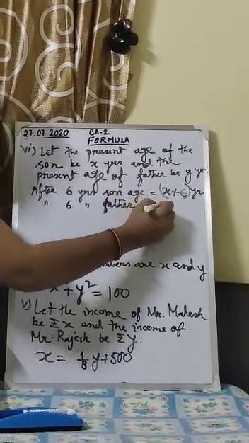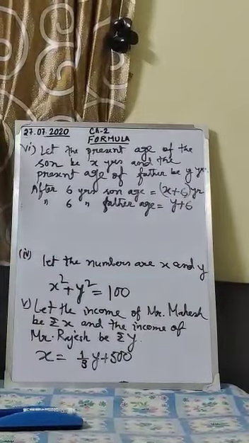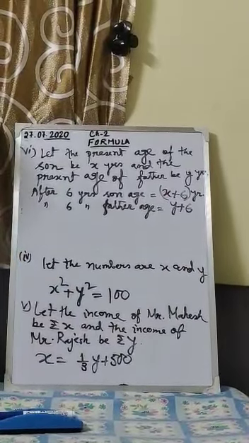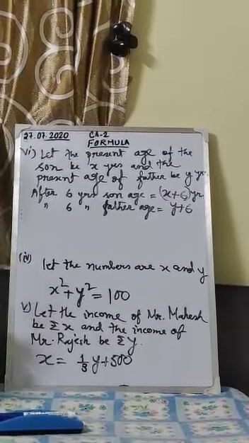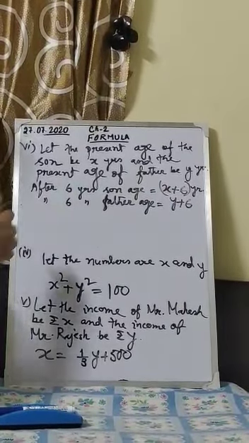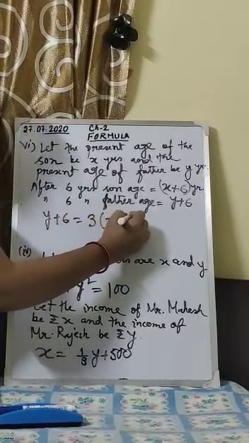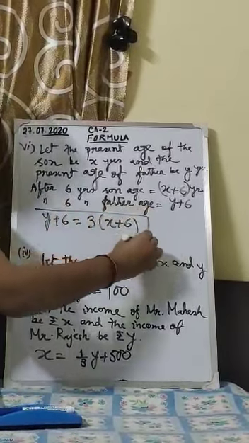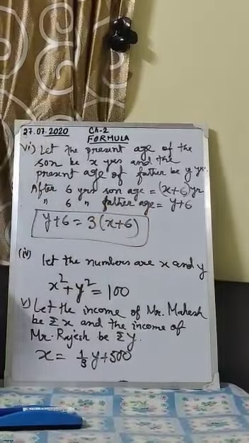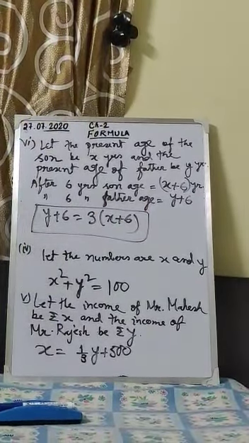Father's age is y plus 6. Now the relationship is that the father's age will be 3 times the age of the son. This is the mathematical statement where the relationship between the father and son is given.